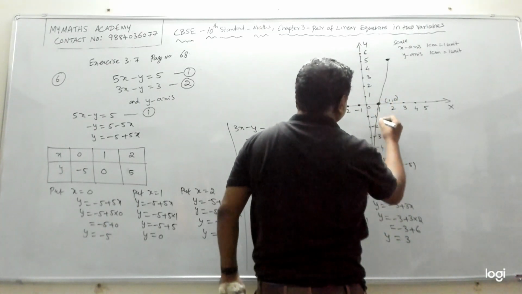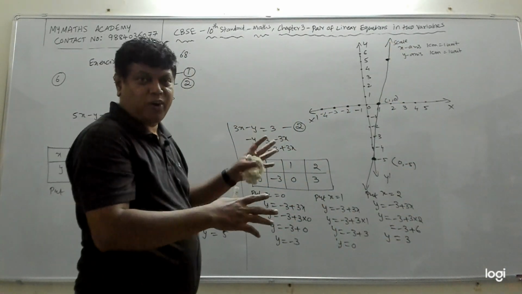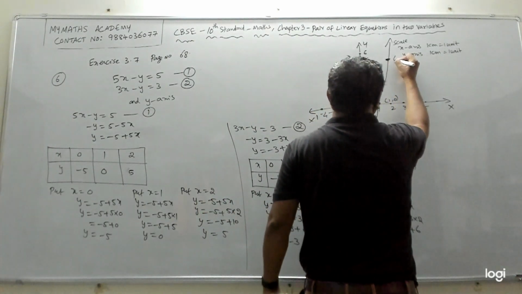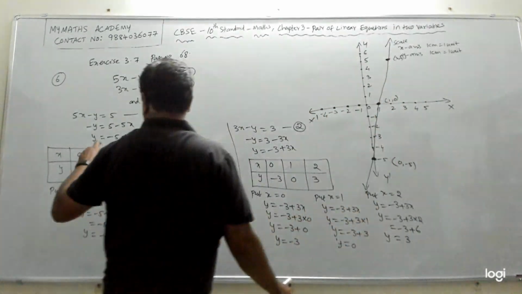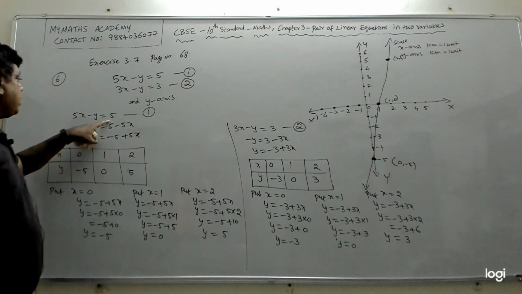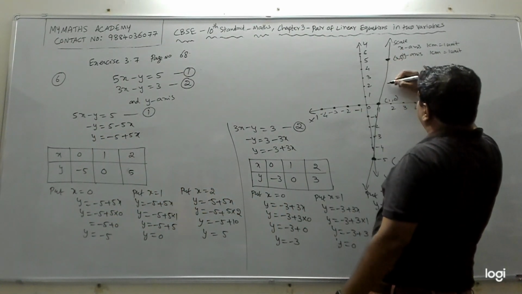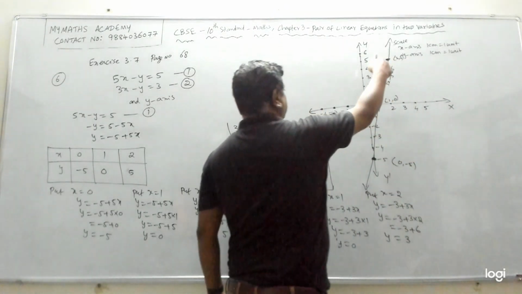Fine. So it's a straight line, though my graph is not looking, I'm drawing with a free hand, so I'm not getting a straight line. So this point is 2 comma 5. So we have drawn the graph. So what is this graph? This graph is for this equation, 5x minus y equal to 5. I can write like this here, small, 5x minus y equal to 5. That is for this graph.